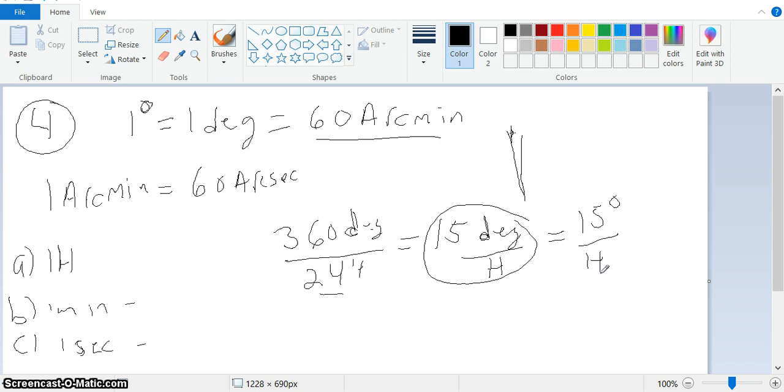Since we know it's in 1 hour, I'm doing part A right now. If I multiply this times 1 hour, the hours cancel, and basically we're asking how much does the moon move as far as degrees?